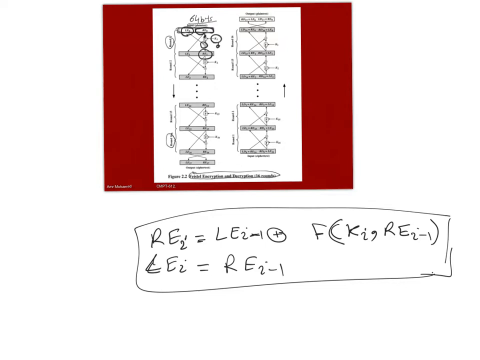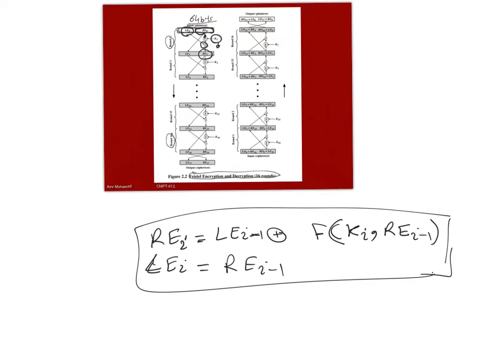Of course, by having the i index, this means that we can recursively perform this operation over 16 different rounds, and that's very strong. By increasing the number of rounds, we make the algorithm stronger and stronger, but we also make the complexity higher and higher.